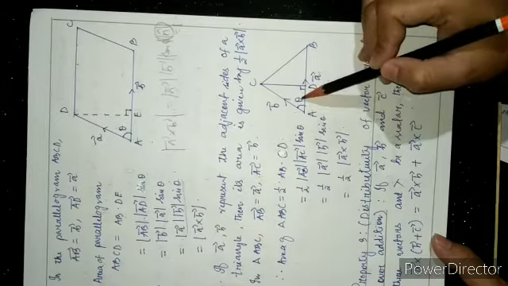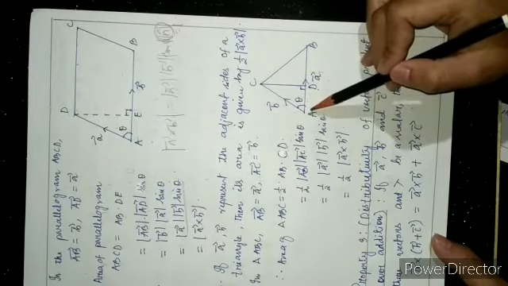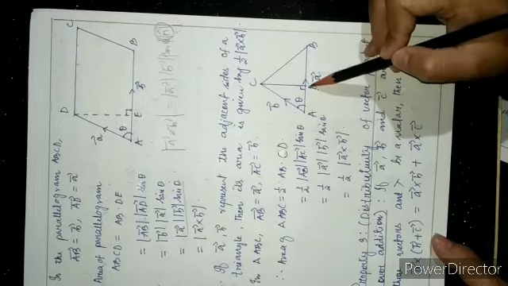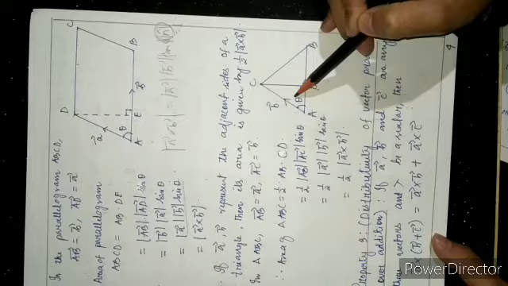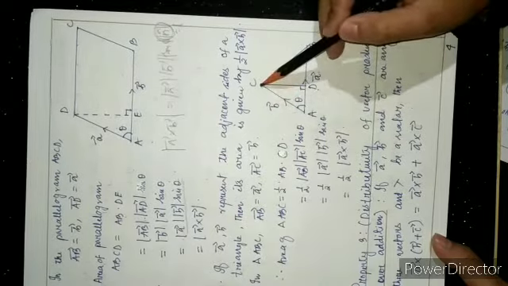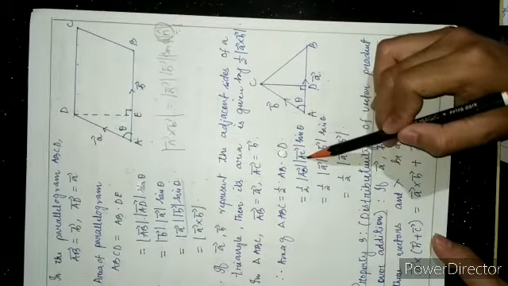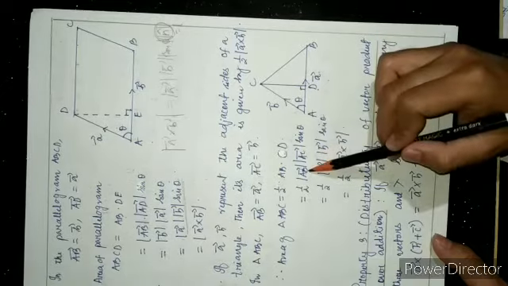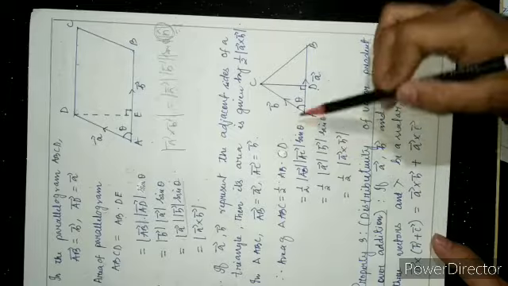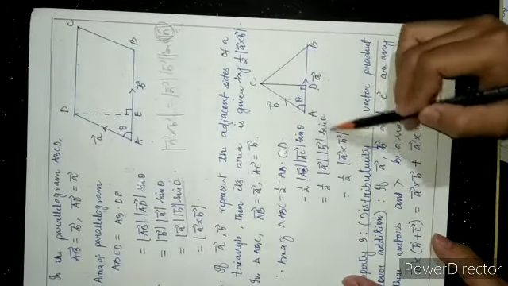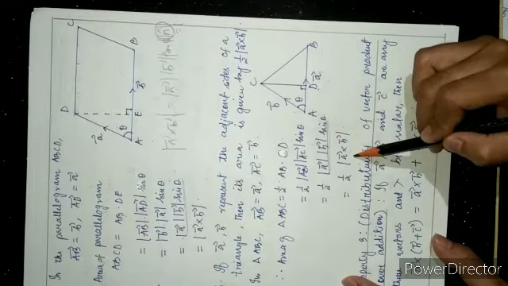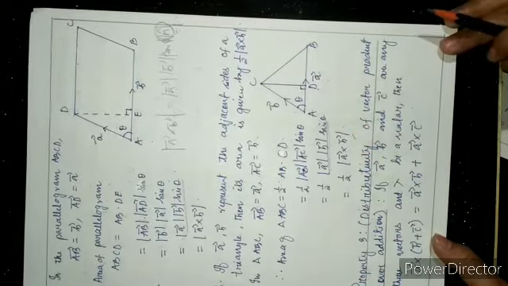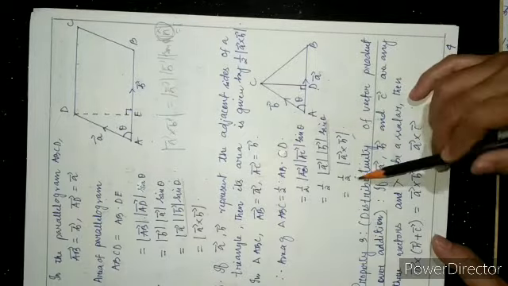CD is the side opposite to the angle theta in right angle triangle ACD, with AC as the hypotenuse. So CD can be represented by magnitude of AC vector into sin theta, and AB is magnitude of A, AC is B. This expression is represented by the magnitude of A vector cross B. The area of the parallelogram is the magnitude of the cross product, and the area of the triangle is half of that.